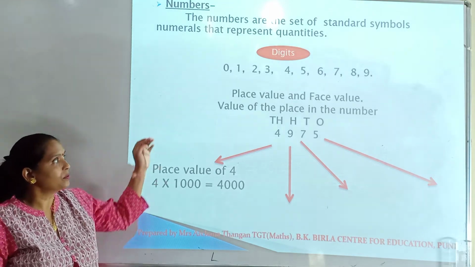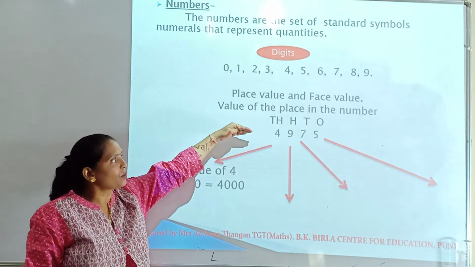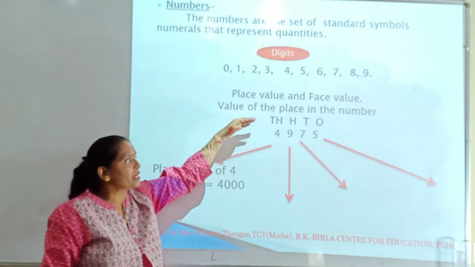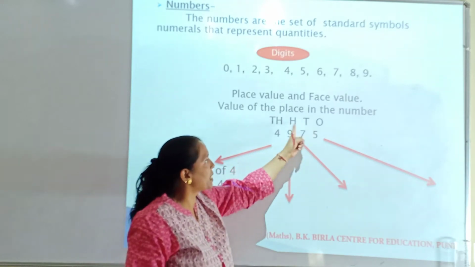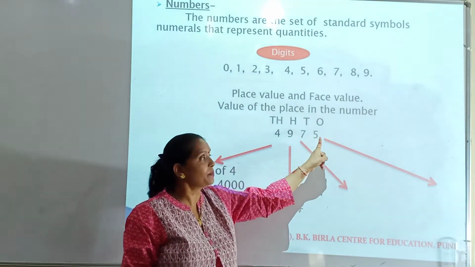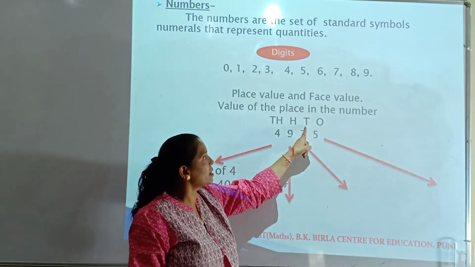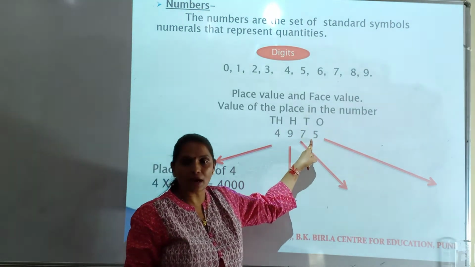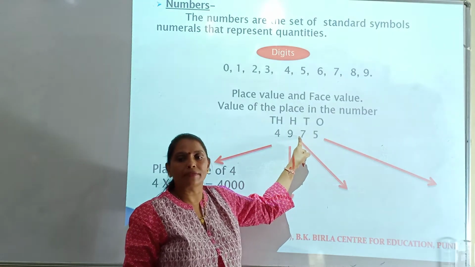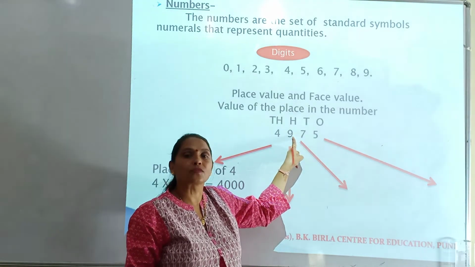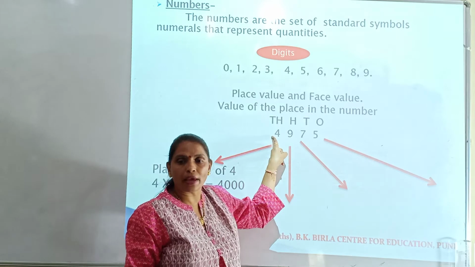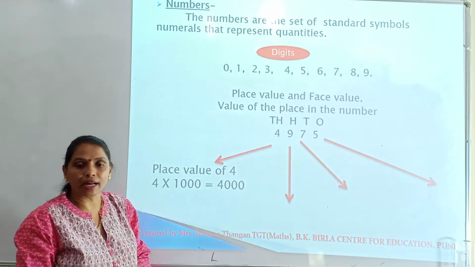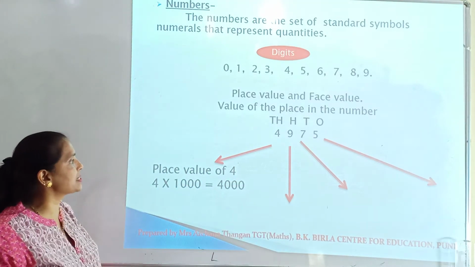Then place value: a particular digit has a particular place value. You know these are the places according to the Indian system: ones place, tens place, 100 place, 1000 place. In ones place we have 5, tens place we have 7, 100 place we have 9 and 1000 place we have 4. How to write the place value of a particular digit?